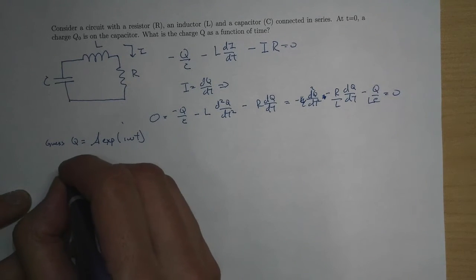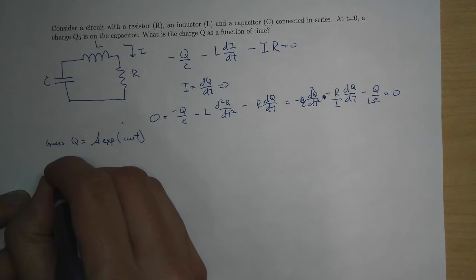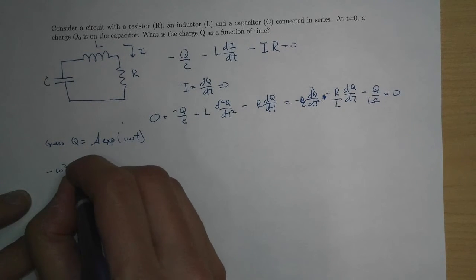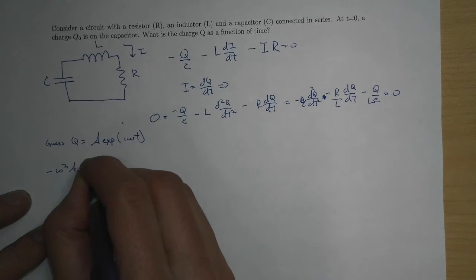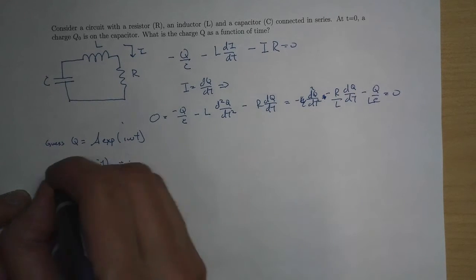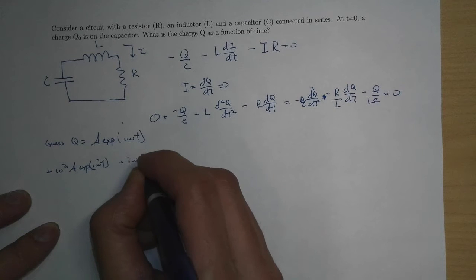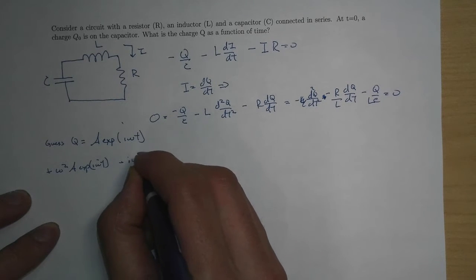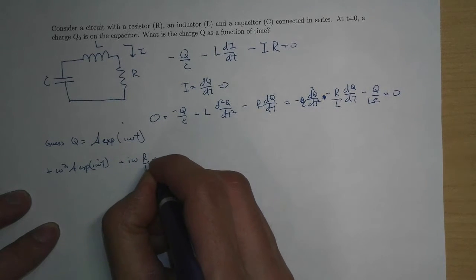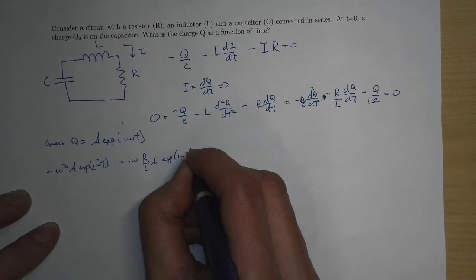Plugging in, for the first term I get minus omega squared A exponent I omega t. For the second term, a minus and a minus is a plus, so this will be minus I omega R over L A exponent I omega t.